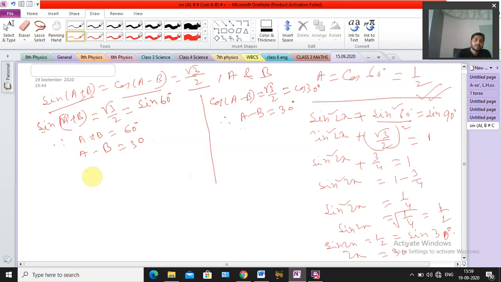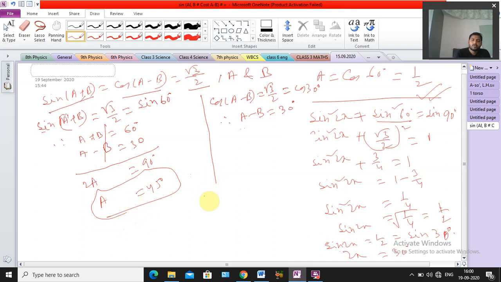Just do addition. Plus b minus b cancel, so we get 2a. Similarly 60 plus 30 is 90 degree. So a equal to 45 degree.